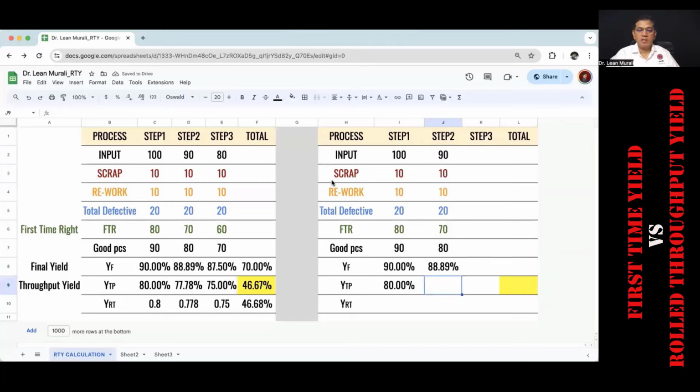If this is clear, type SC, super clear in the chat box. Now, most of the people will drop out after this. Now, if you see the throughput yield is whatever first time right divided by the input, which is 77.78%. This is important to understand.